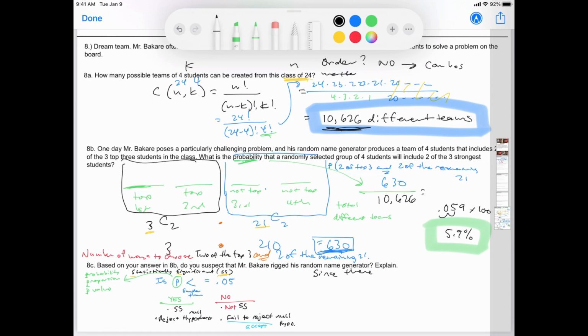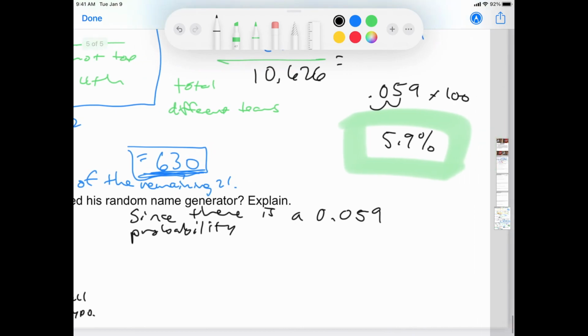Since there is a 0.059 probability of selecting a group of 4 from a class of 24, it's not odd, it's not suspicious, right?